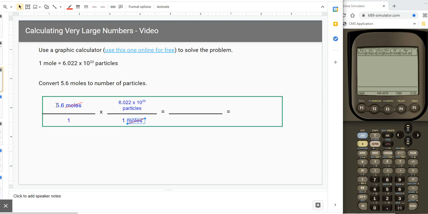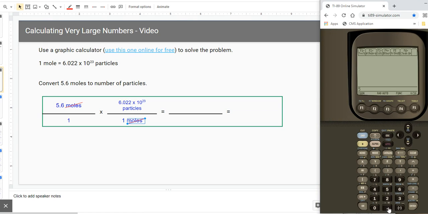So to solve this, I'm going to put this in my calculator, 5.6, and I'm going to multiply that by 6.022 times 10 to the 23. Now, the only tricky part of this problem is how do we actually put that number in? And it's really simple. You just have to memorize which button it is. So you're going to write the 6.022. And then instead of writing times 10 to the, you're just going to press this EE button right here.